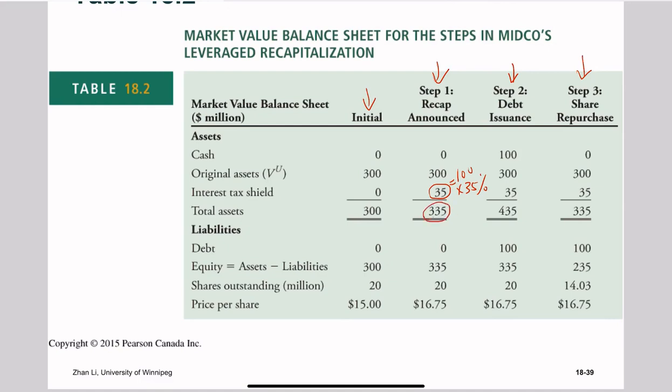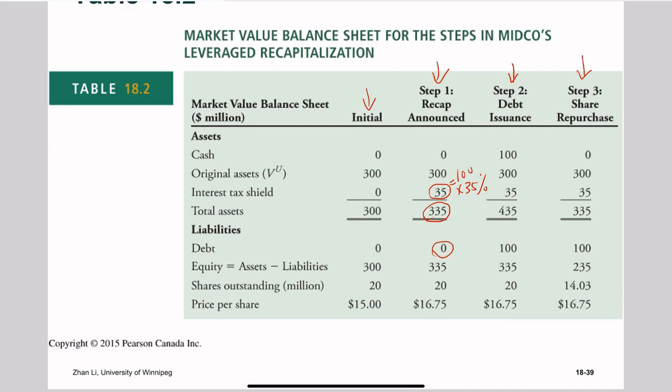And accordingly, the firm is still having no debt because at this stage, the firm is just telling its shareholders it will do a leverage recap. Right? So the debt has not been issued yet. In this case, debt is still zero.